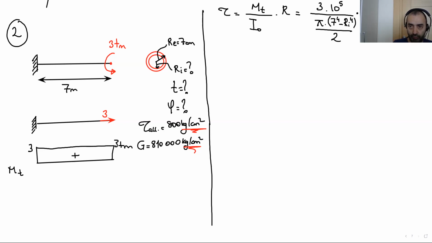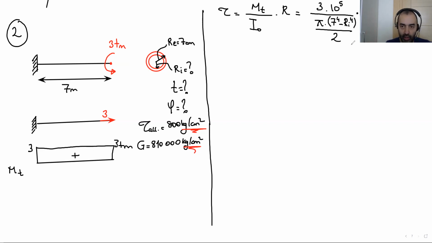If we are designing a section, if we are calculating the size of a section, we always use the allowable stress. We write the equation, and that equals the allowable stress. Here, the allowable stress is 800.